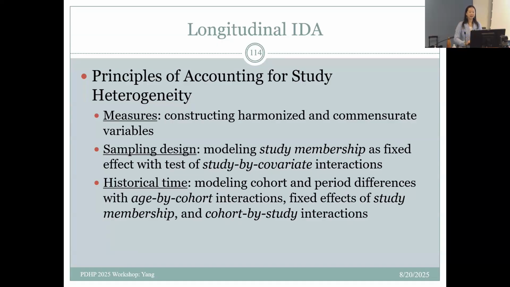And you can also add fixed effects of study membership because studies take place in different historical time periods. Controlling for study membership adjusts for that effect pretty precisely, as you can also build in cohort by study interactions to make it more rigorous. All these things you could do to adjust for the effects of time.